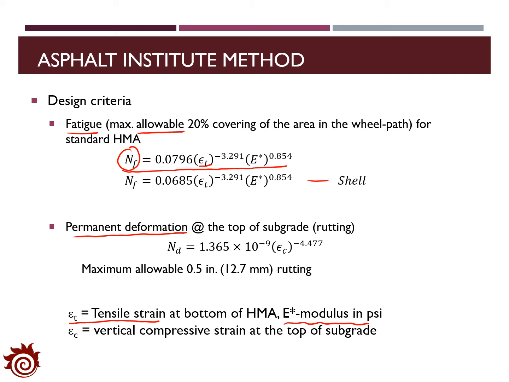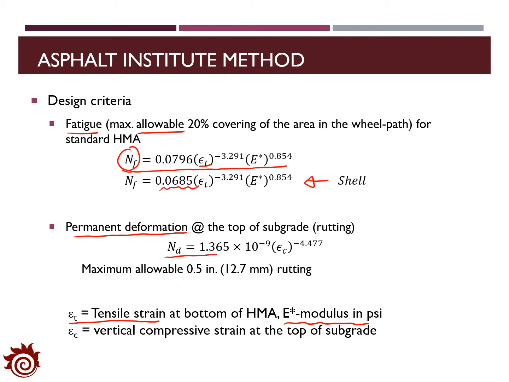Also, you can apply the Shell equation for the estimation. The only difference is the constant coefficient. With the permanent deformation criterion, we can identify another allowable number of load repetitions with respect to the rutting effect.